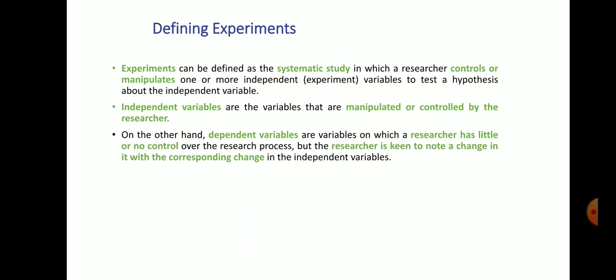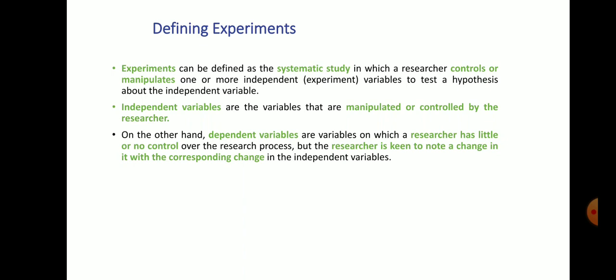For some other researcher, it may be a number. So that researcher categorizes the age in terms of numbers like 18 to 28, 28 to 38, 38 to 48, and so on and so forth. So this independent variable is manipulated, rather I will use the word understood, by the researcher as per the subject of the research.